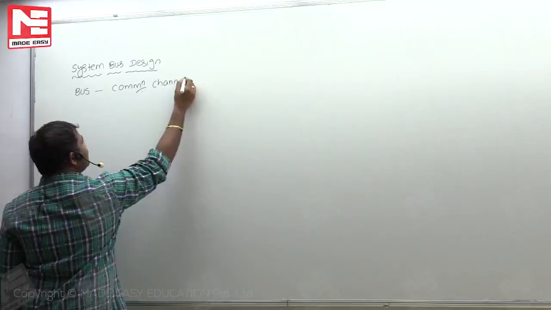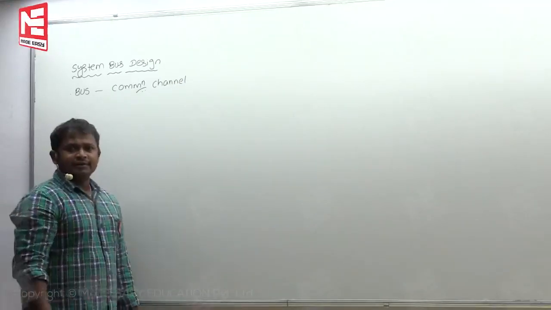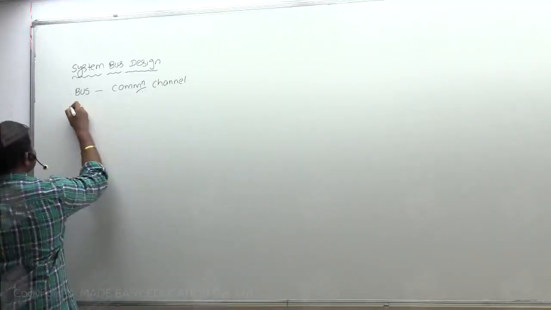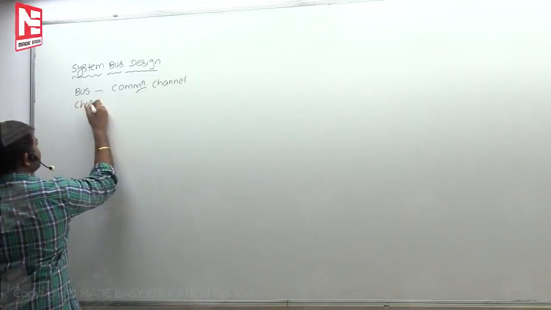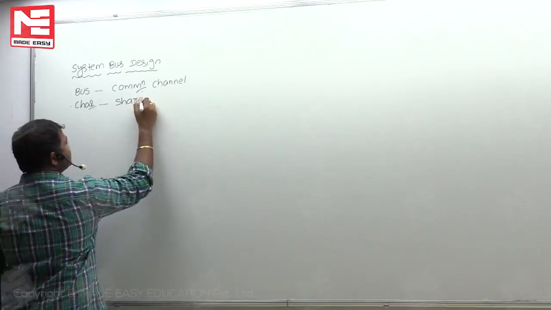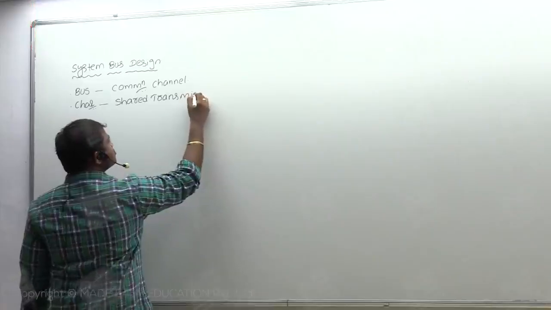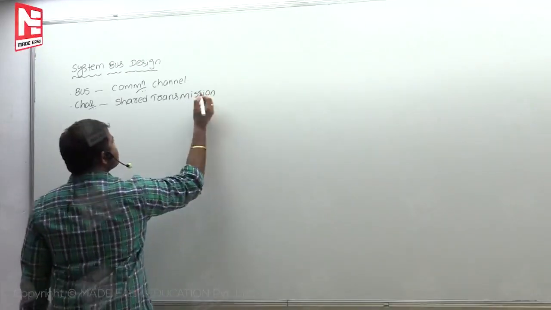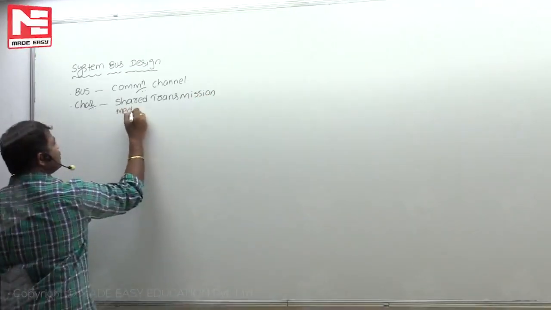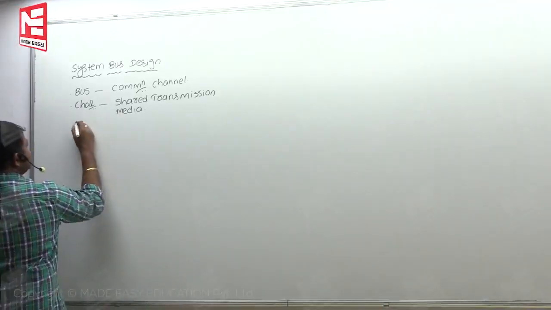It is used to provide the communication between the different components. Characteristic of a bus: shared transmission media. Okay. Limitation of a bus is only one transmission at a time.